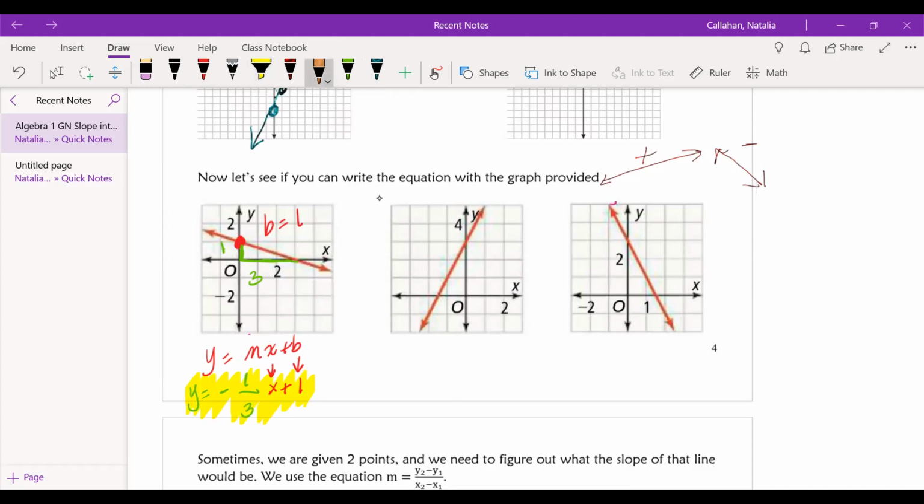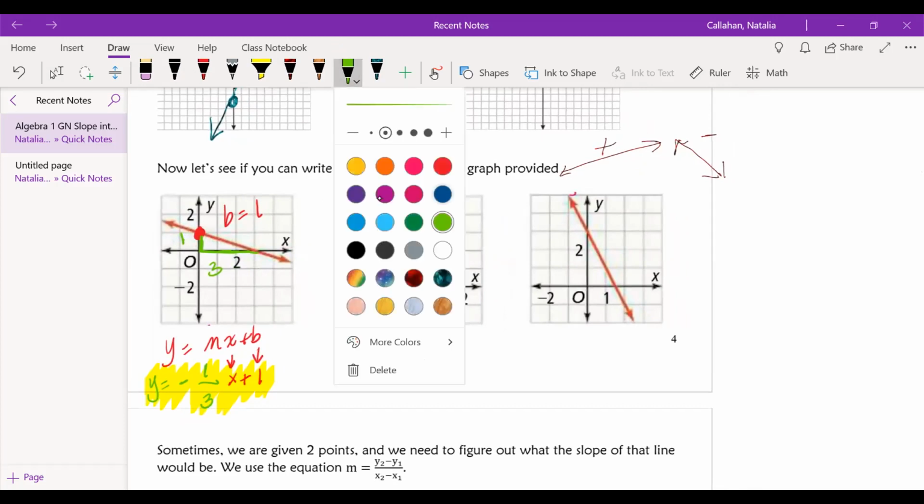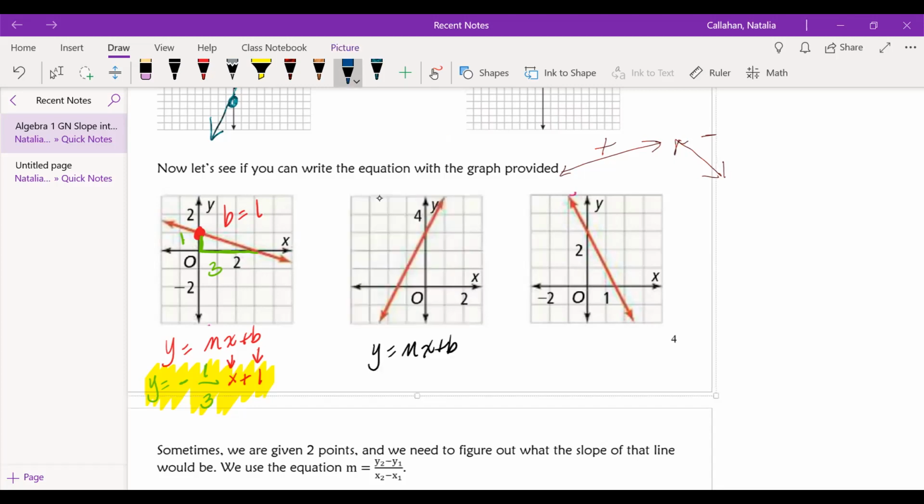All right, let's take a look at the next one. Here we go. y equals mx plus b. With this one, you are starting off at b, and b here is at 3. Now let's take a look at your m. Your slope is a positive slope.